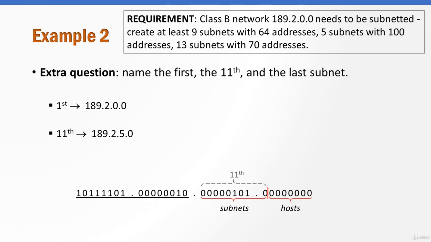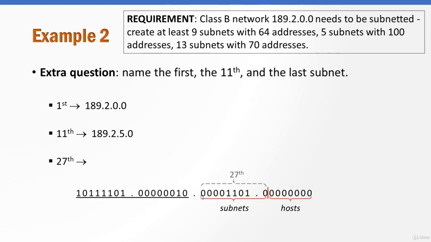Finally, for our last subnet, so we said that in total we have 27 subnets. So we're looking at the 27th subnet here. So the 27th subnet is going to be 26 in binary format in our subnets portion.